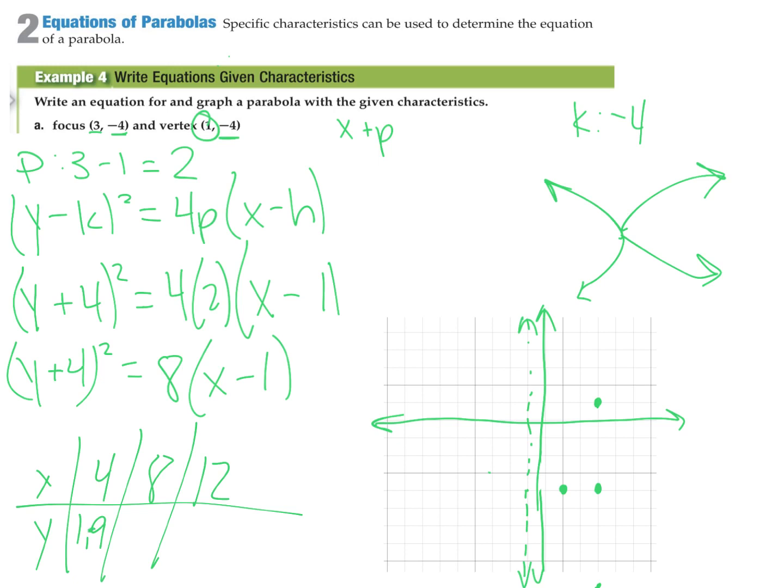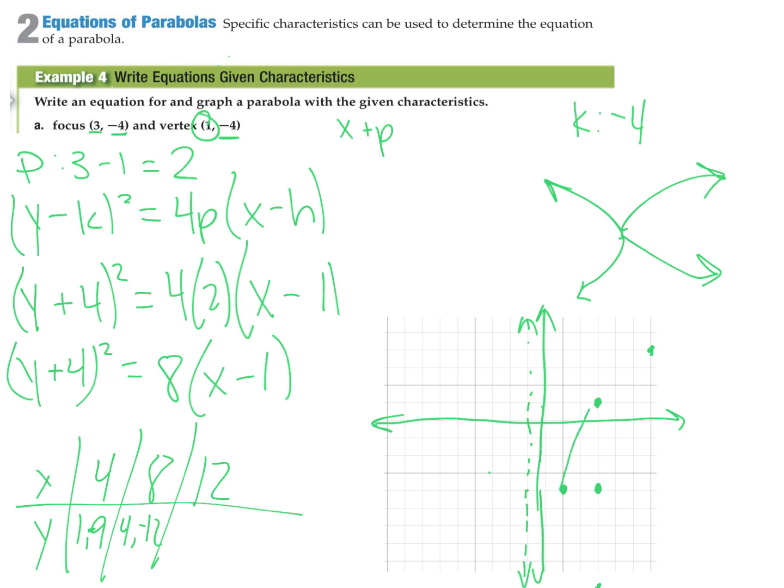Then at 8, we'll get points 8, 4, and 8, -12. 3, 4. And that's actually all I can fit on my graph, so I'll stop there.